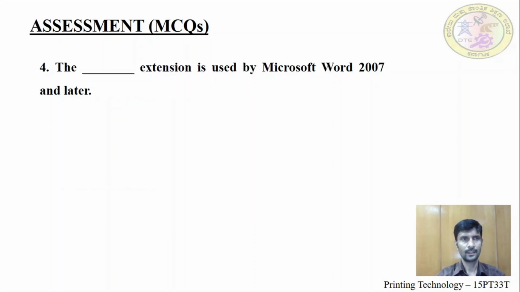Next question. The dash extension is used by Microsoft Word 2007 and later. The options are .eps, .docx, .cdr, and .doc. Normally, in 2007 and the previous versions of Microsoft Word, it is .doc.